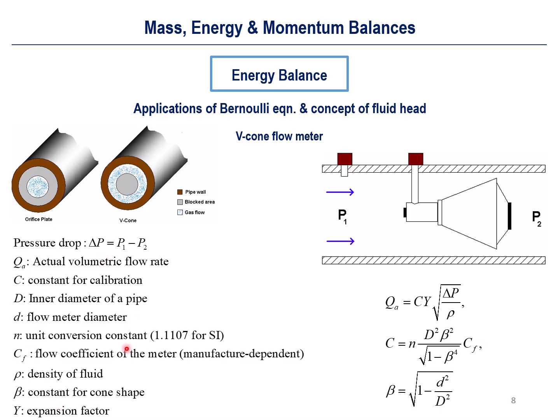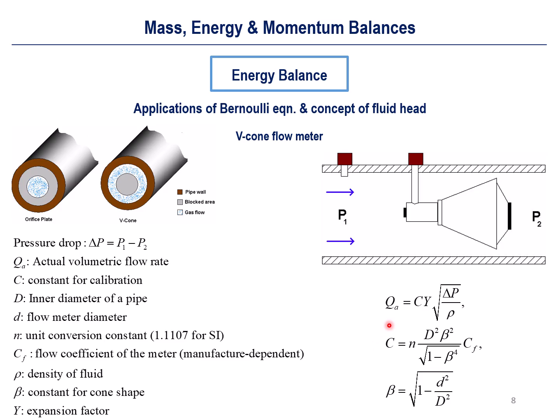So by combining these factors, we can construct some important quantities: the actual volumetric flow rate is a function of the constant of the calibration and the expansion factor multiplied by the square root of the pressure drop divided by density. And this constant for the calibration is a function of the inner diameter, the constant of the cone shape, and the flow coefficient divided by some coefficient 2.